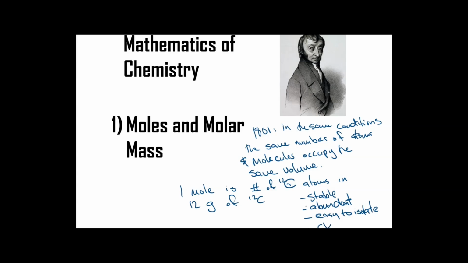And it's really cheap. So that's why we decided on carbon 12. We did use oxygen, we used hydrogen, and we played around with different scales for a long time. And Avogadro himself never knew what the number was, but we named it after him. Science likes naming things after people.